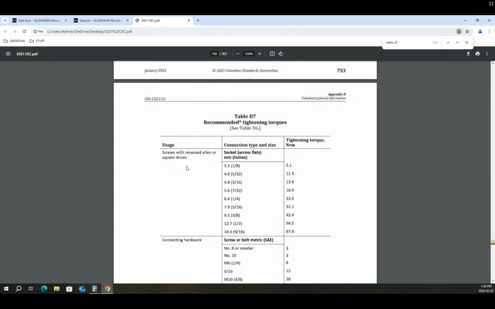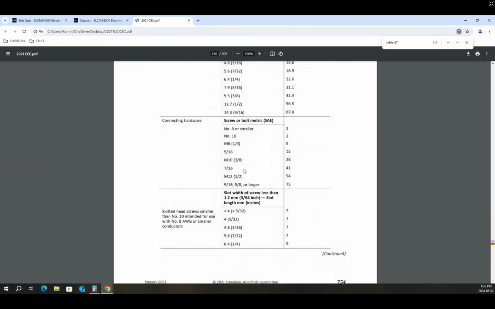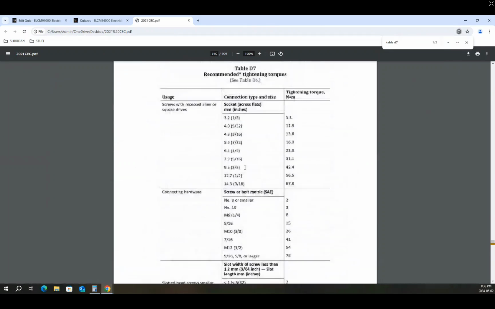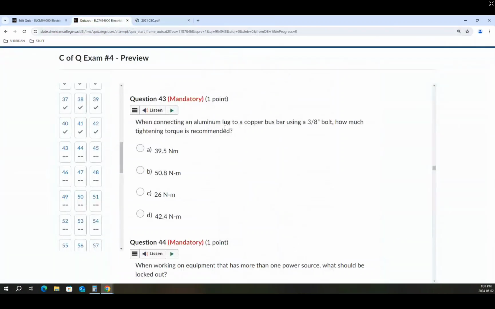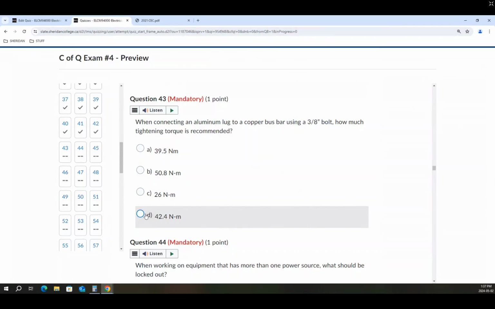Screws with recessed Allen or square drives. That's the lug. Again, you have to infer what we're looking for. And there is 3/8, tightening torque 42, right here, sorry, 42.4 Newton meters.